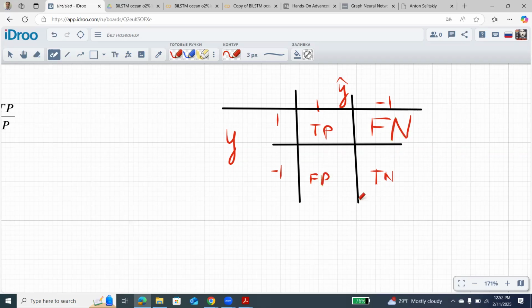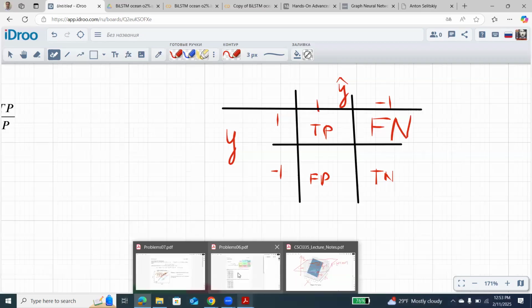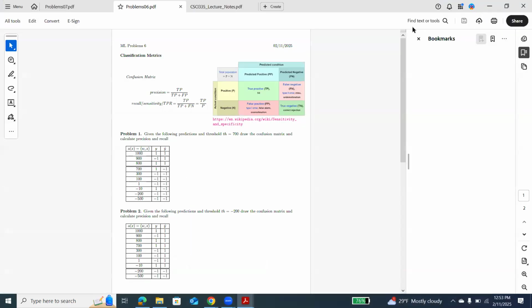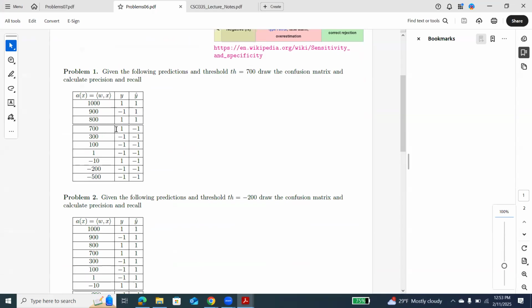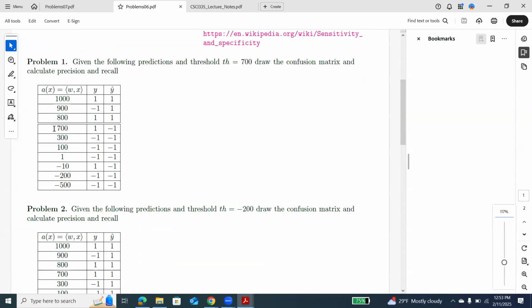So let's calculate these metrics in two cases. In the first case, our threshold is 700. I also sorted our data points by the linear function, by this y-axis.